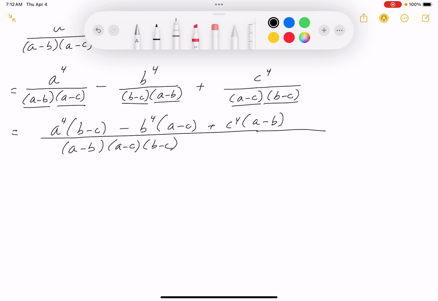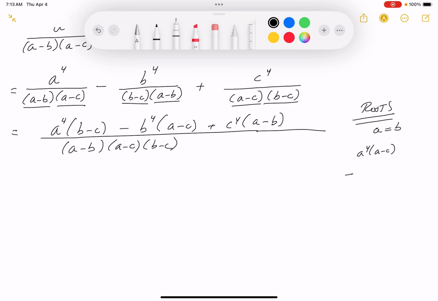And so what I'd look for is roots, because that might be the easiest way to reduce it. I wonder, if I want the factor A minus B to cancel off, I'd have to have A equal to B. All right, let's go to the top and see if we can do that. So if A equals B, it's A^4 times A minus C. What's the next term going to be?